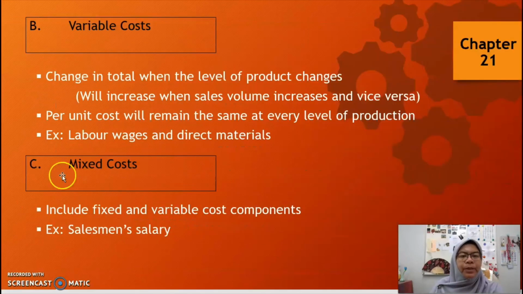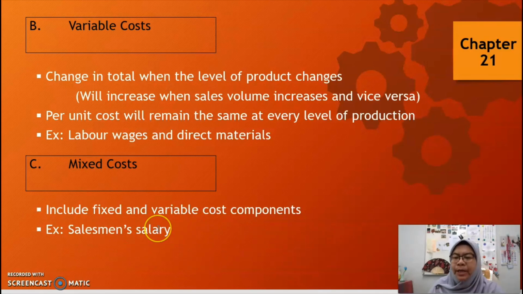We go to the third type of cost, which is mixed cost. Mixed cost means it is mixed between fixed and variable cost components. We take for example a salesman's salary. There are actually 2 types in this salary.